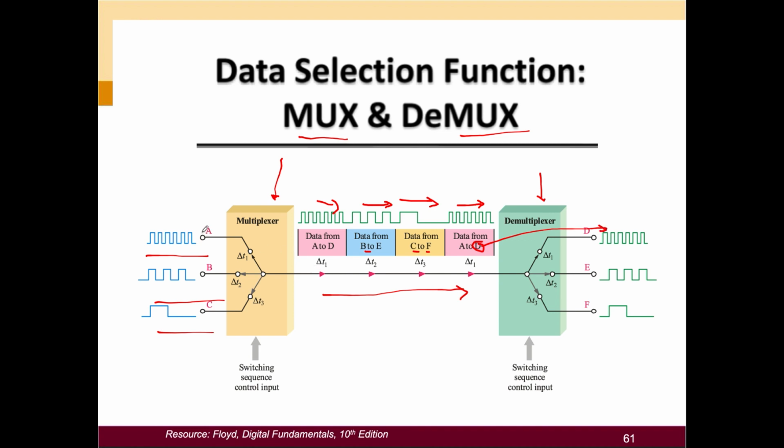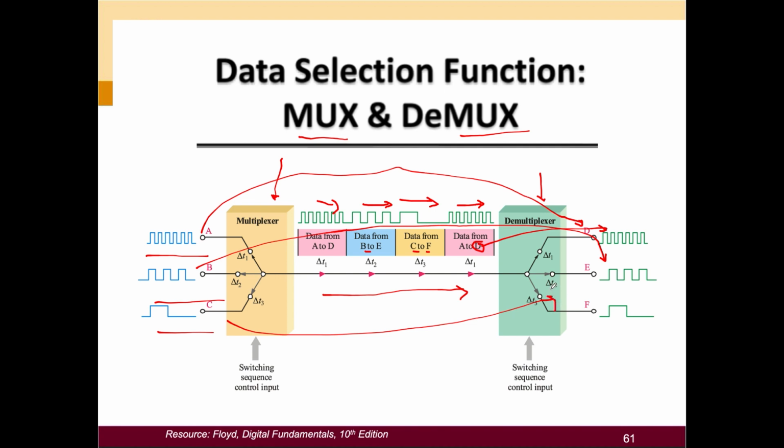So A will go to the output D, B will go to the output E, and similarly over here. So this is what it is going to look like after you multiplex and also after you demultiplex. This is just the basic example. Later on you will learn more about the function and how it happens.